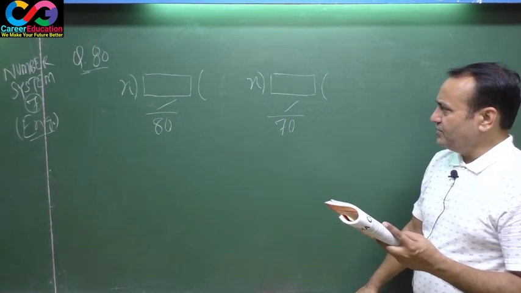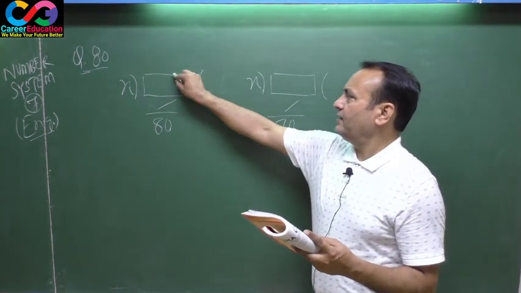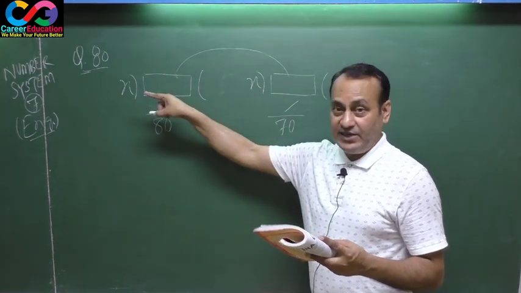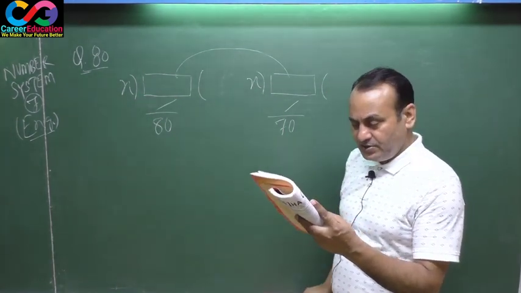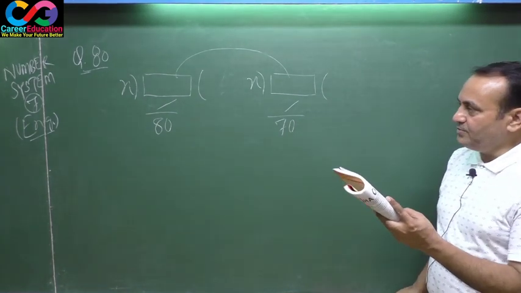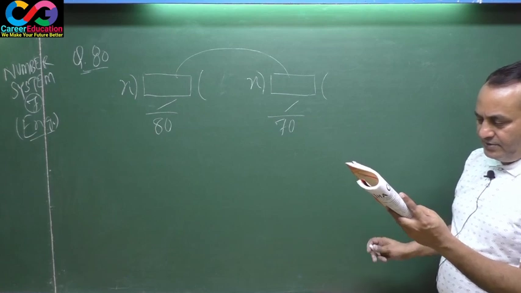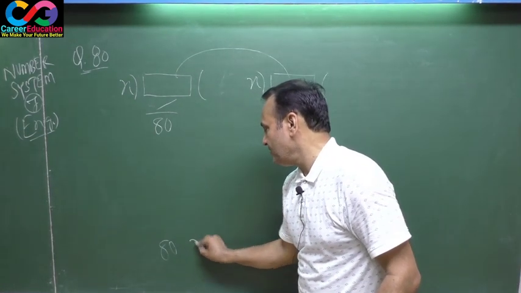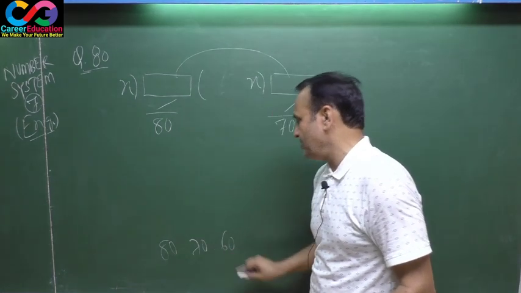Then the question says, if you divide the sum of the numbers by the same divisor, that is x, the remainder is 60. Find out the divisor, that means find out the value of x. 80, 70, 60.